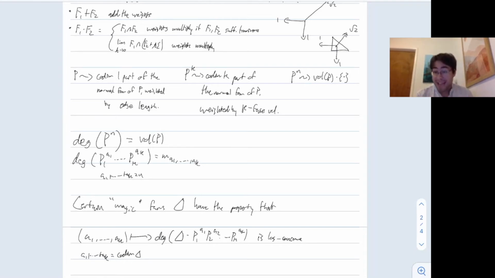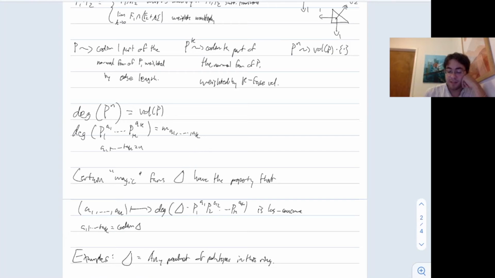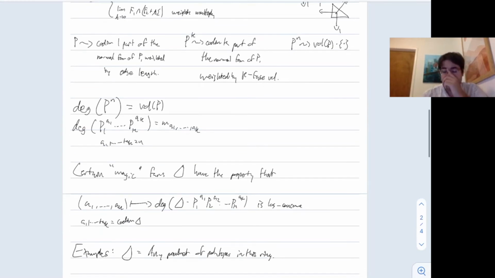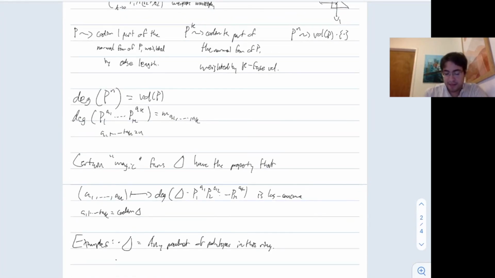So what are examples of magic fans? Well, the obvious examples would be any product of polytopes in this ring. So just stupidly, if this was a product of polytopes, then this degree being log concave would be exactly saying the Alexander-Fenchel inequality. So this isn't very interesting.